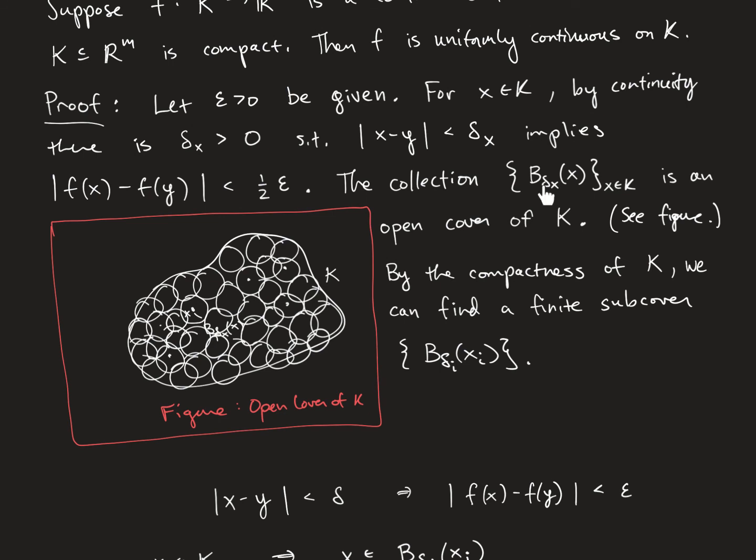So we need to consider the collection of half radius balls. And that's still going to be an open cover because every one of these balls contains the point x, so every point in K is still represented. This is still a cover, and so we can take a finite subcover.